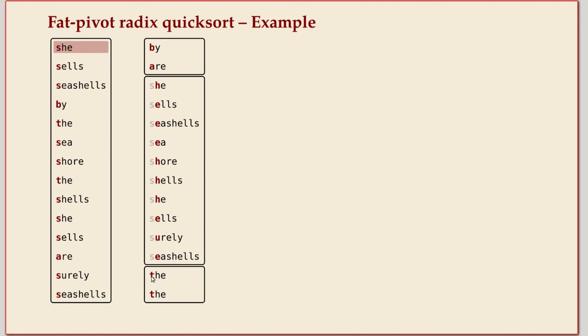That will be the partitioning, and it's called fat pivot partitioning because if you look at this middle segment, it looks, from quicksort's perspective, which only looks at the first character, like a very, very big list of just duplicates of the pivot.